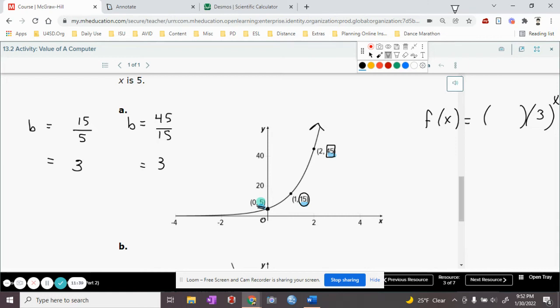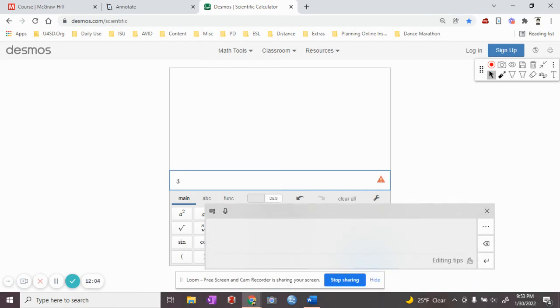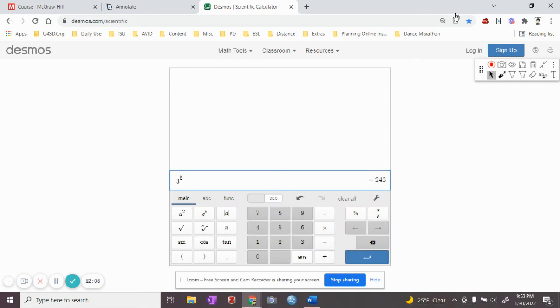This tells me my growth factor, since we are increasing, is 3. Our starting value is our y-intercept. So (0, 5) tells me that 5 is my starting value. To find the value when x equals 5, let's put this into that Desmos scientific calculator. So I'm going to clear this out, and we are going to do 3 to the power of 5, and then times, actually, I can rewrite this.